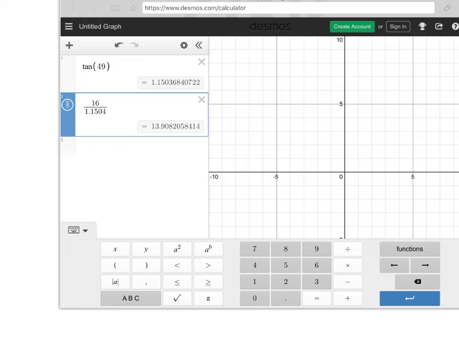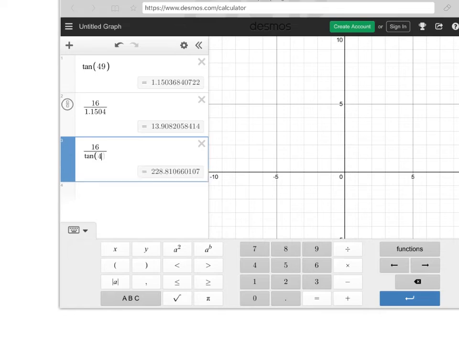Now, we could have also done this. We rounded as 1.1504. That came from tangent of 49. So, we might want to type in there the tangent of 49. And so that's a little more exact. Notice that in this case, you don't notice a difference. It's 13.9082, 13.9085.